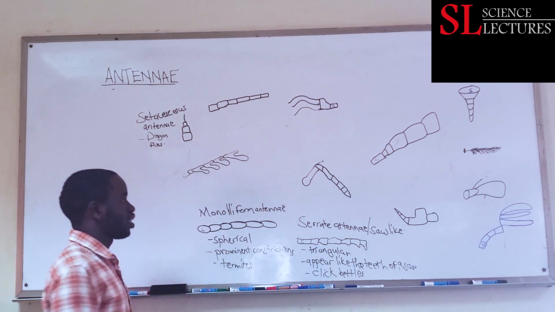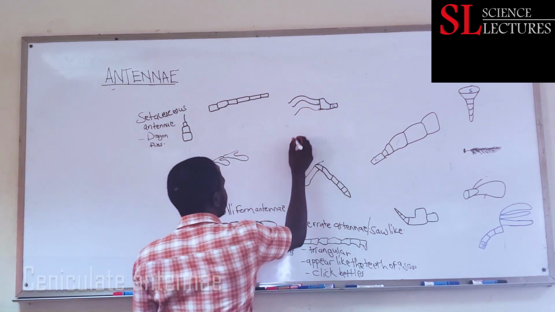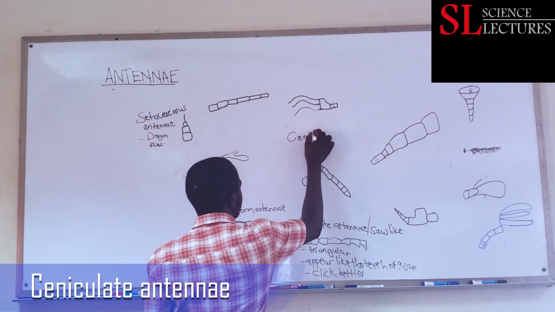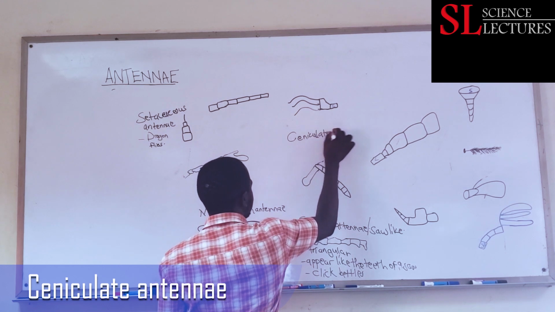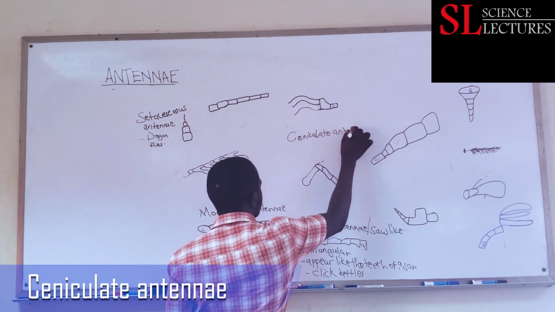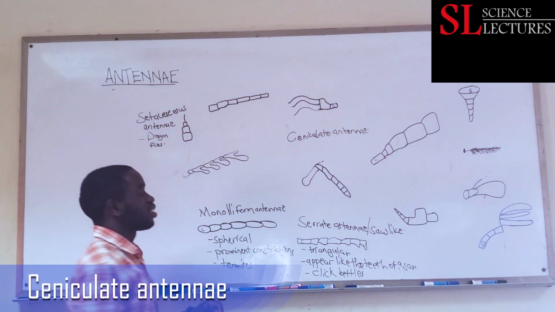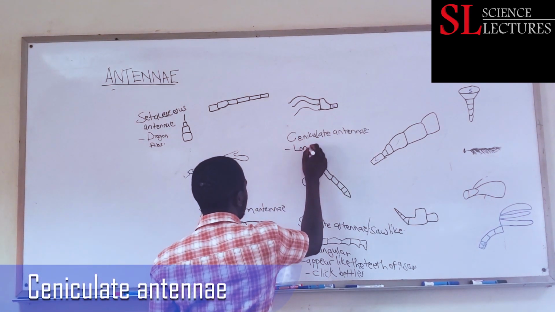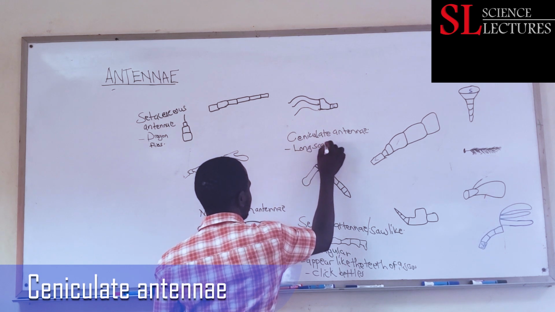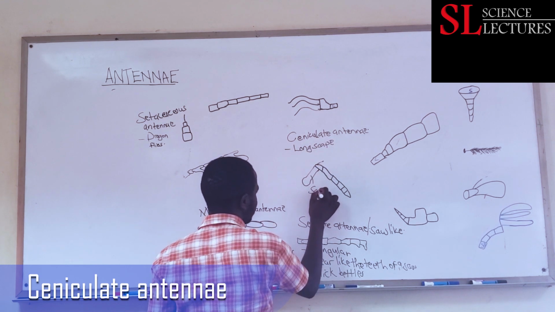Next, I want us to look at geniculate antennae. These ones have a long scape. The scape is the first segment of the antenna, so this is our scape.